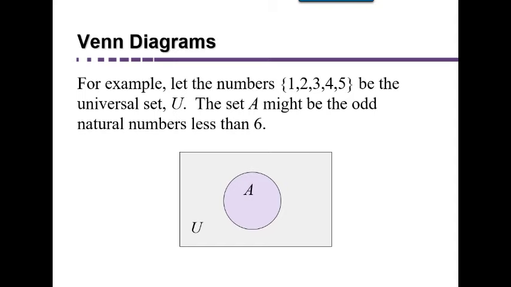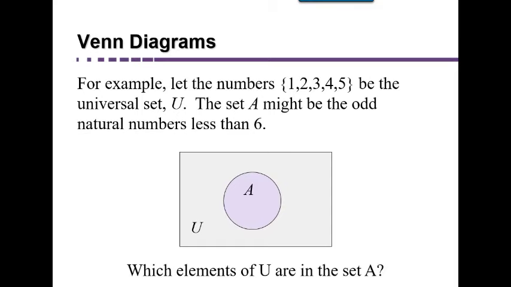So as an example, maybe set A might be, well, actually, let's start with U. The universal set U might be 1, 2, 3, 4, and 5. Those might be the numbers in the set U. And maybe the set A would be the odd natural numbers less than 6. So which elements of U are actually in the set A?